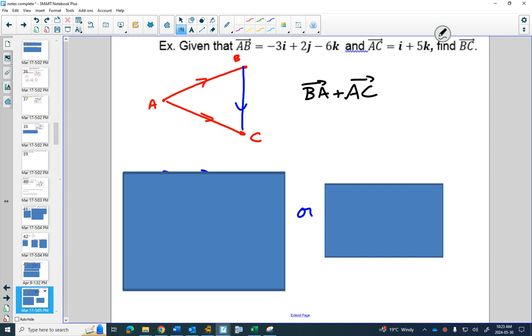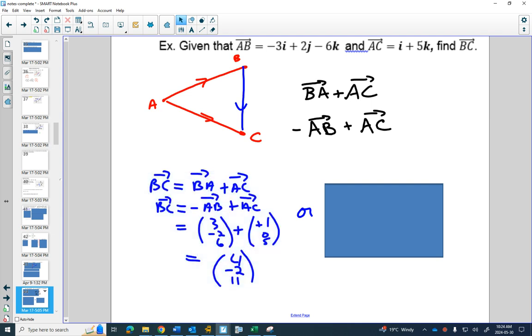B to A, of course, is the same as negative A to B. So now I have an idea, now I can put my math into equations.